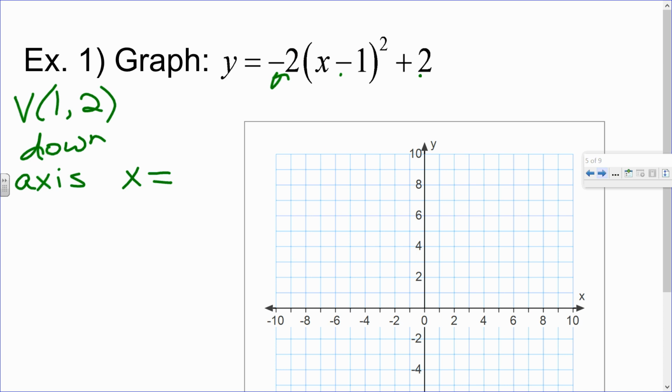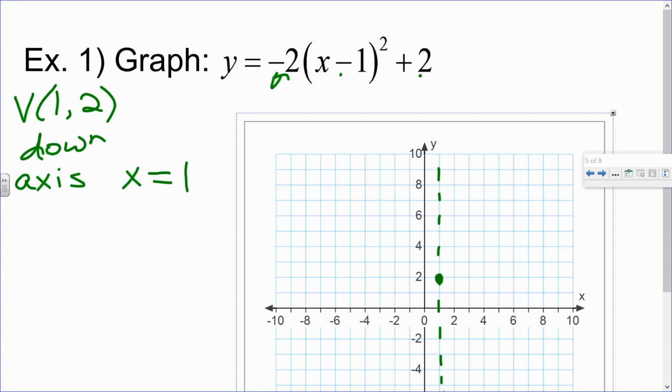X equals what? X equals 1 because it goes through here. So if the vertex is (1, 2), here's my parabola opening down. This is going to be my axis of symmetry. So far, so good.